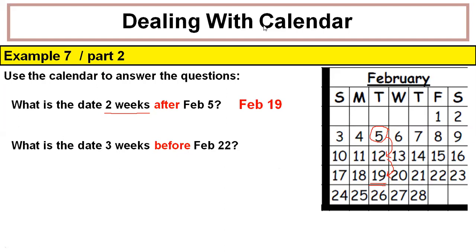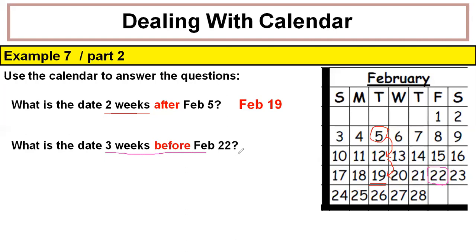Look, let's show that. February 20 is here. I'm using the pink color to show 20. Now it says 3 weeks before. February, sorry, we needed 22. Okay, that's my mistake. We need February 22. Again, this is February 22.